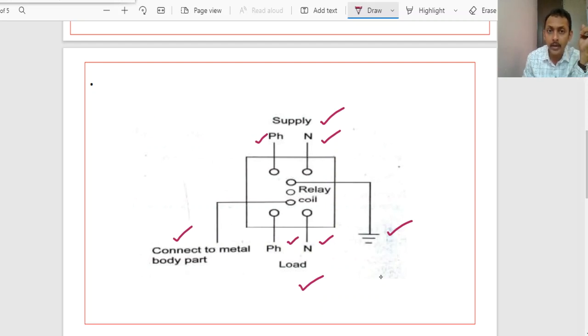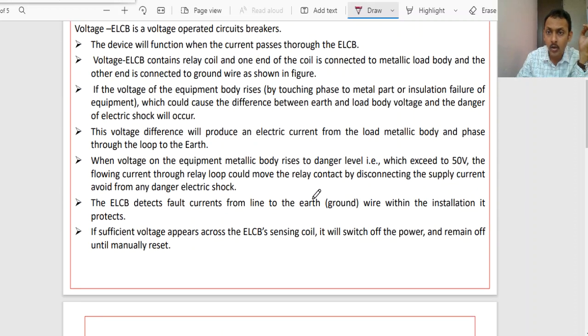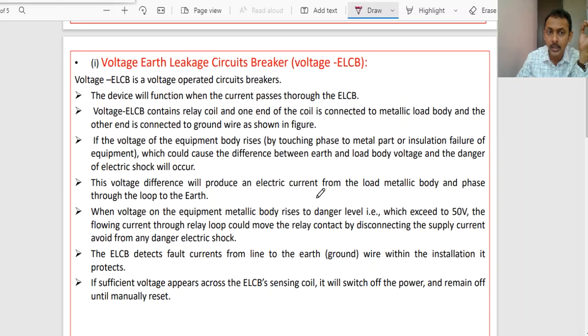Now, as and when, due to the passage of the leakage current, there exists a voltage difference between the two terminals, this relay coil will sense the voltage difference and based on that it will trip the circuit, right?